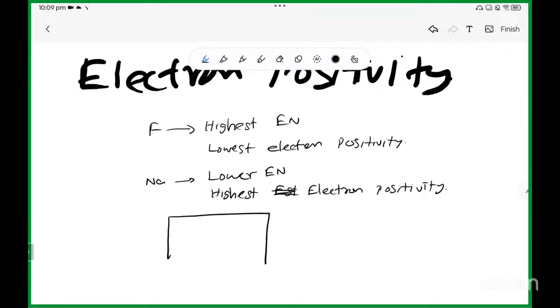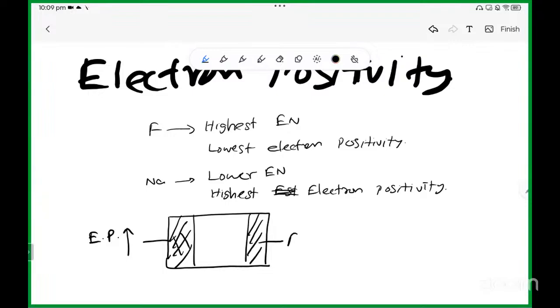In the periodic table, in this area, electropositivity, EP, is high. In this area, electronegativity is high, right?